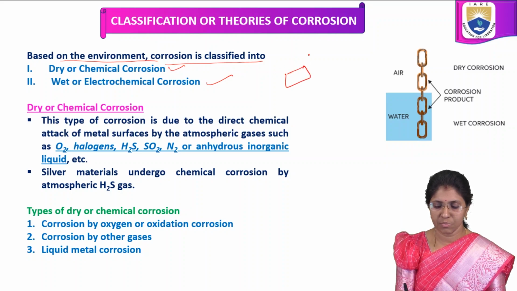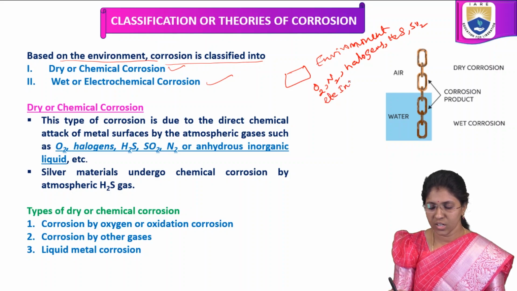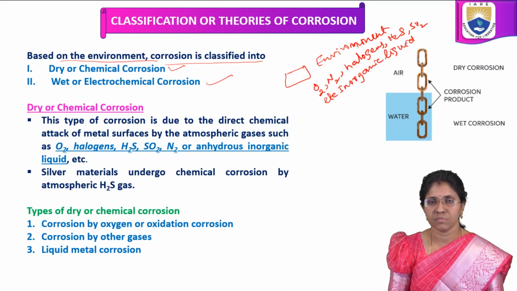If we take one metal, in the environment we have gases such as oxygen, nitrogen, halogens, H2S, SO2, etc., and also inorganic liquids.